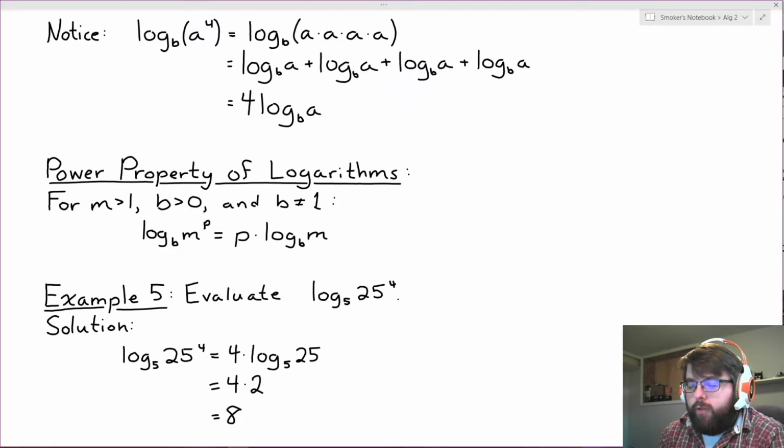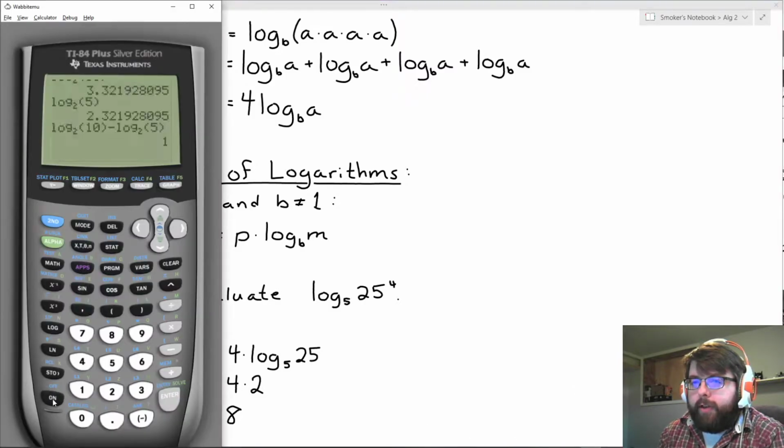You can check this on your graphing calculator. Of course, I won't see the work for this, as always, but problems like this, you can check on your graphing calculator. Log base 5 of 25 raised to the fourth power is 8. So it worked.